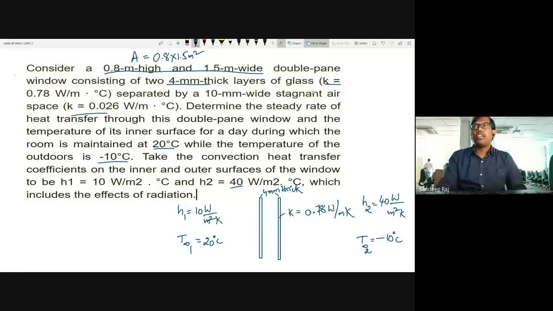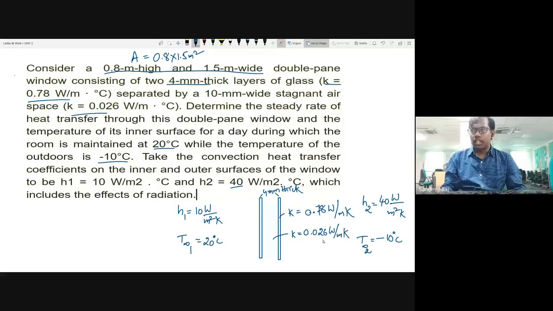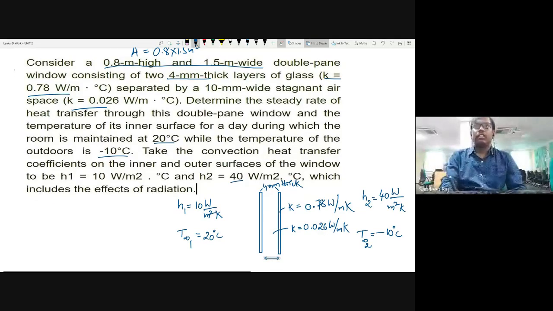The thermal conductivity of glass is given as 0.78, and for the space it is given as 0.026 watt per meter Kelvin. This is what is given, and what else is given to you? This thickness is taken, and these are separated by 10 mm. So this particular distance, I can take it as 10 mm.